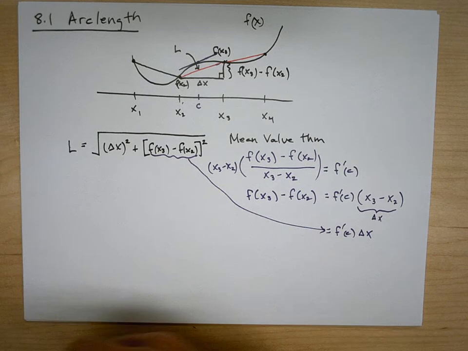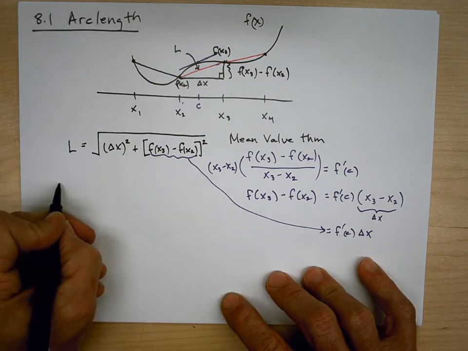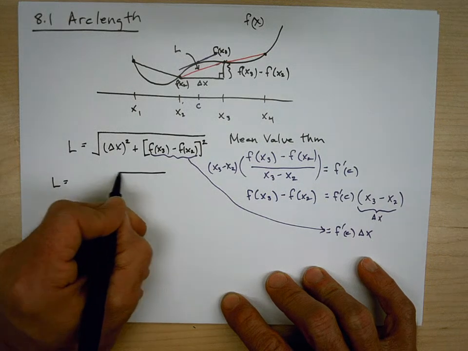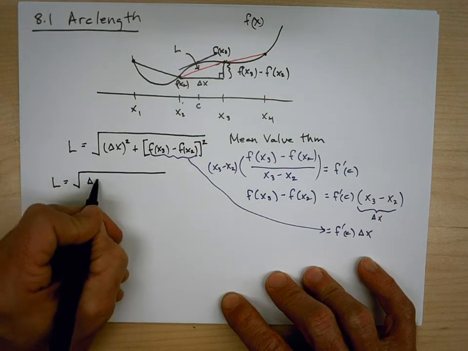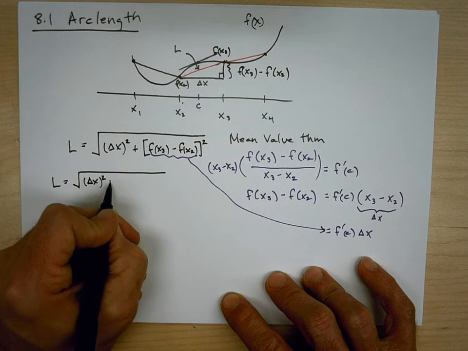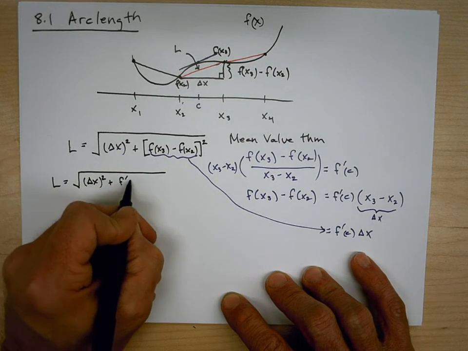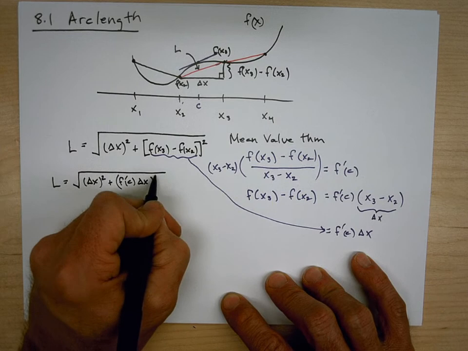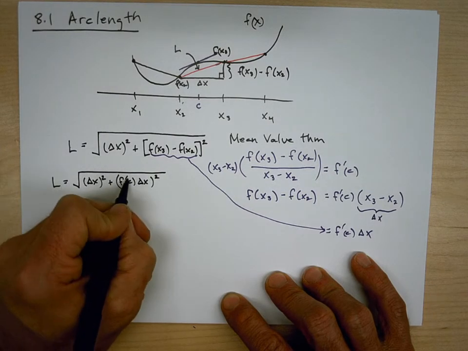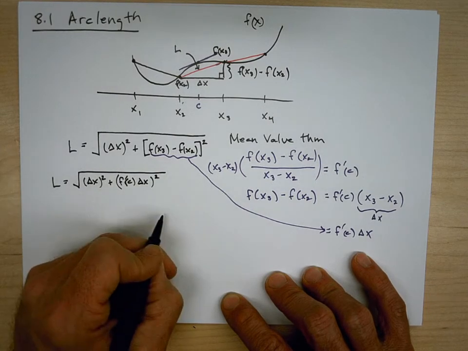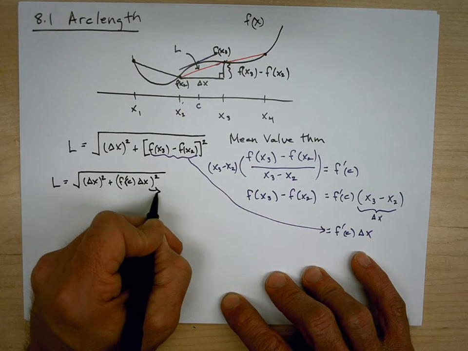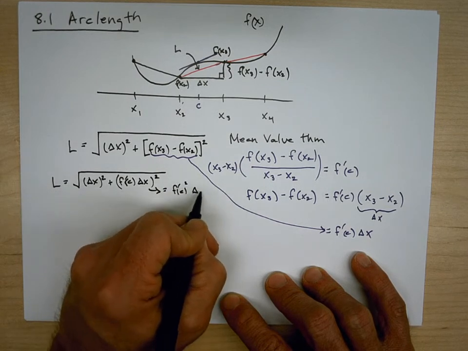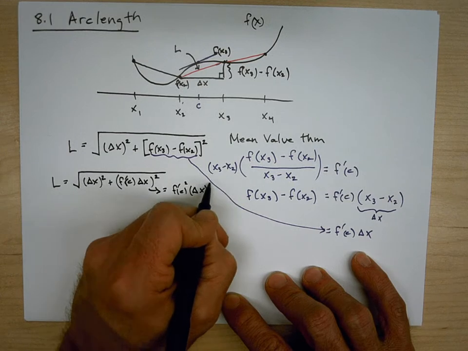So, continuing our derivation, we have that L equals the square root of delta x squared plus f prime of c delta x, and this whole thing was squared. Now, of course, the square of a product is equal to f prime of c squared delta x squared.